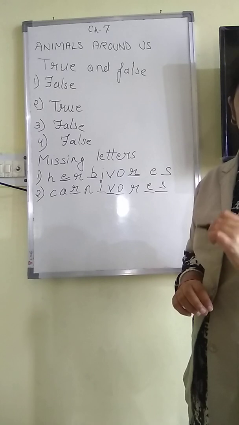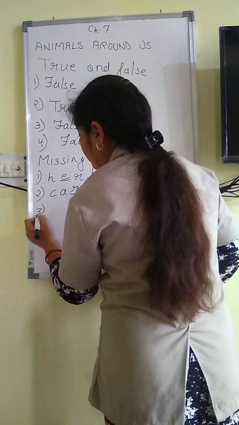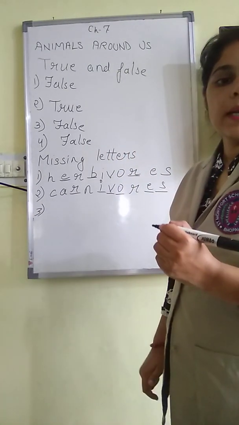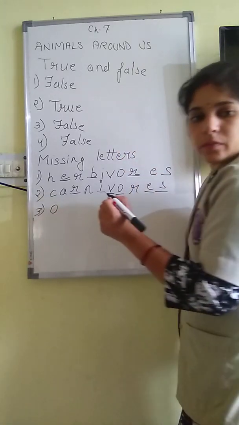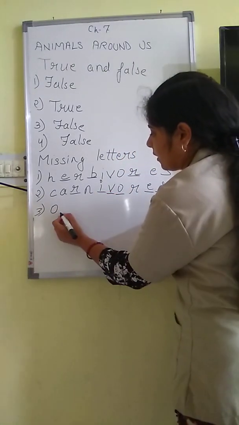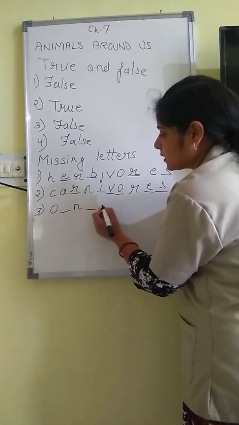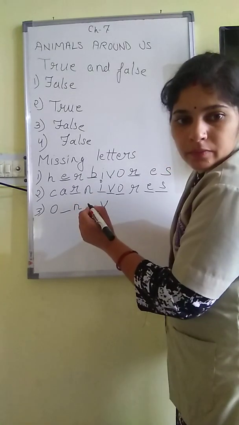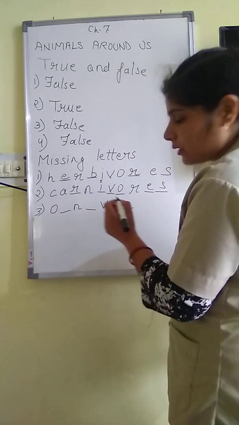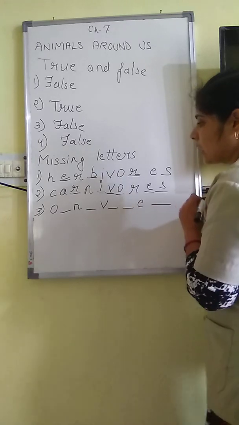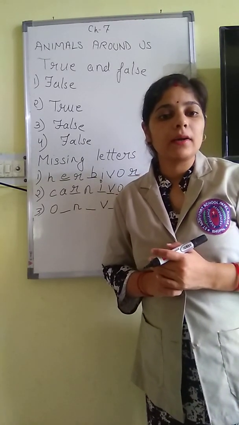Now we are coming on to the next one. The next one is your third one. So in the third one, let me write the words. The first letter given is O, then a dash, then N, then a dash, then V, then two dashes, then it is given E and a dash. So here the statement is bear and duck.